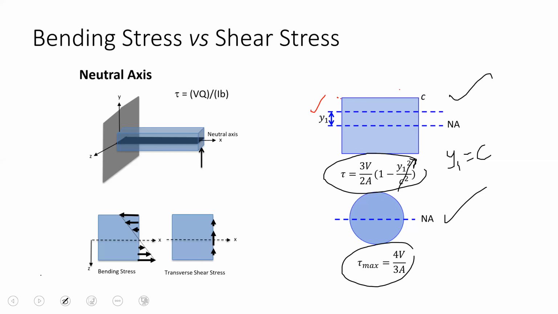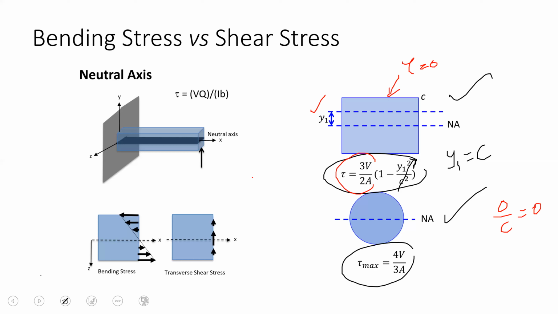So at this surface tau will be equal to 0. And when y1 is on the neutral axis, y1 will be 0, so 0 over c will be 0, and 1 minus 0 will be 1, so tau will be 3V over 2A.